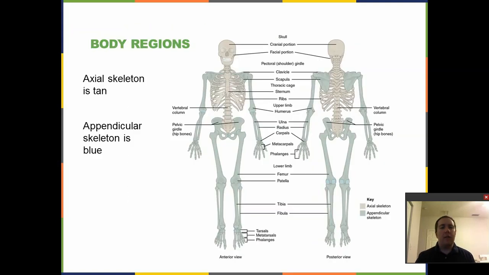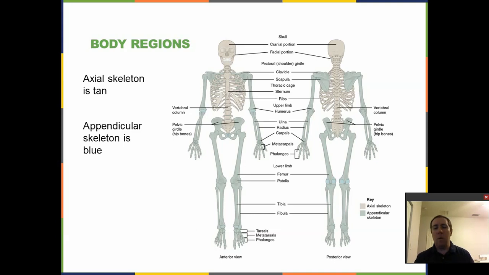Okay. So on this slide, we are looking at two ways of looking at the skeleton. We have the axial skeleton and the appendicular skeleton. On here is a whole bunch of bones. You do not need to know those yet. That is not the purpose of this diagram. The purpose of this diagram is to look at the two slightly different colored bones.